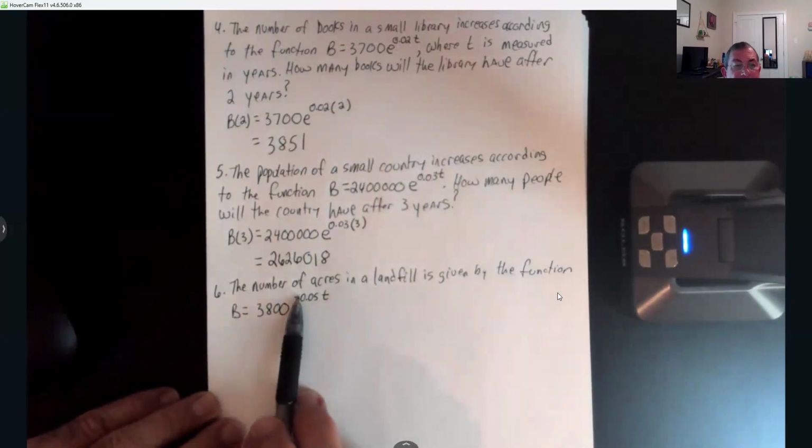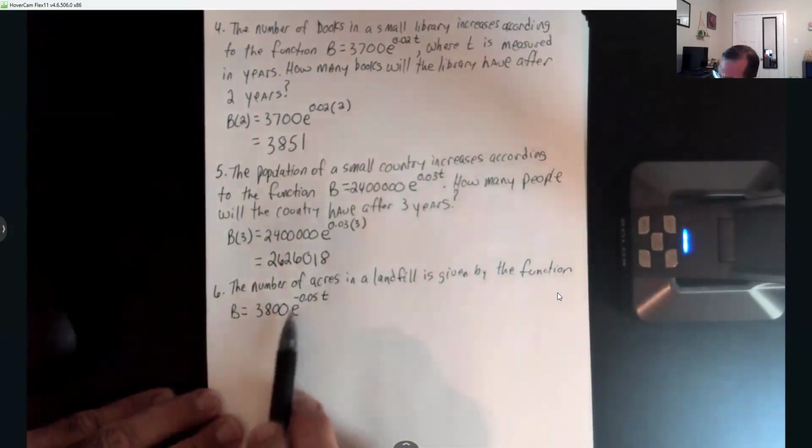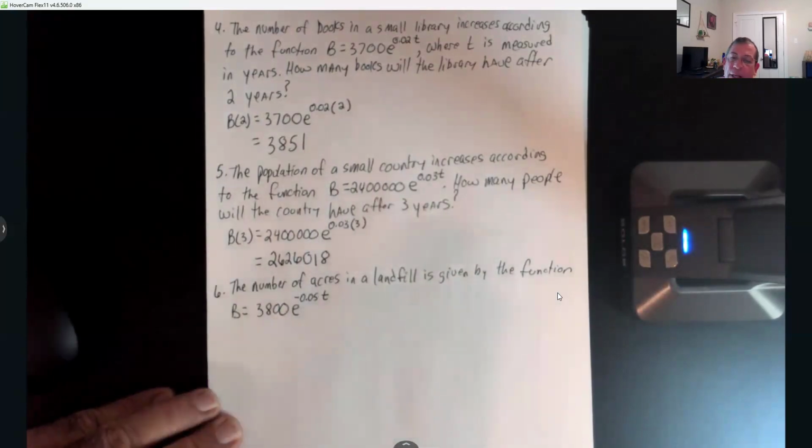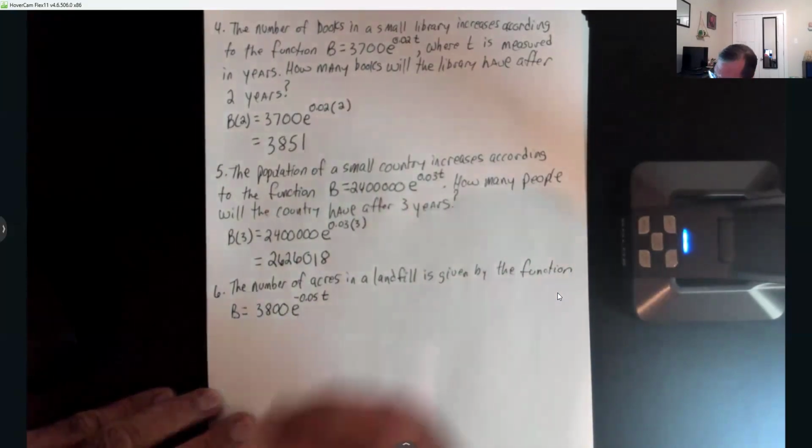So when I see a negative up here, that means it's going to be a decrease or a decay type situation. When this is positive, it increases. When it's negative, it's decreasing.